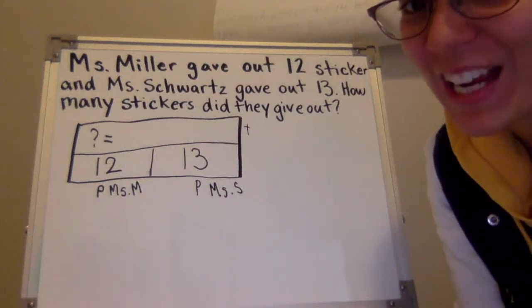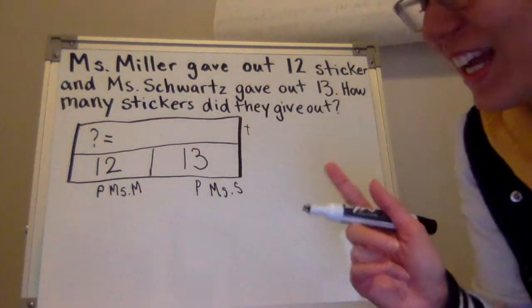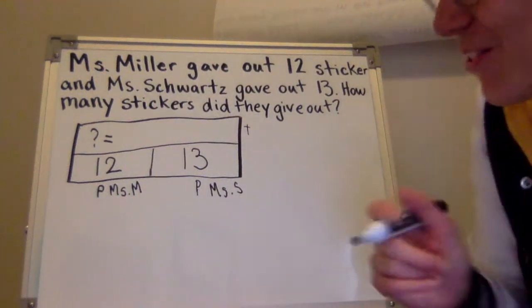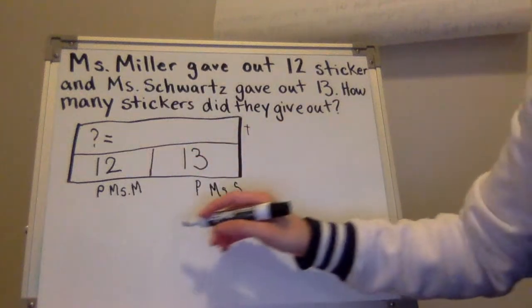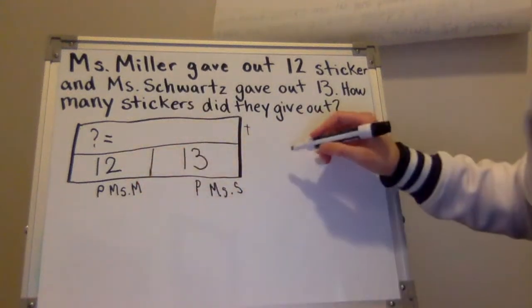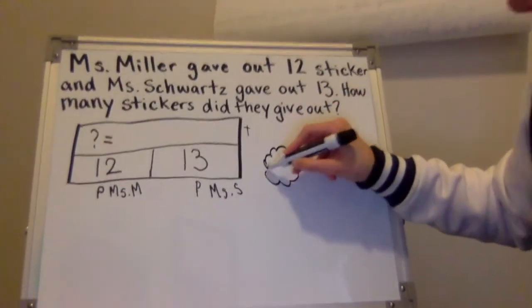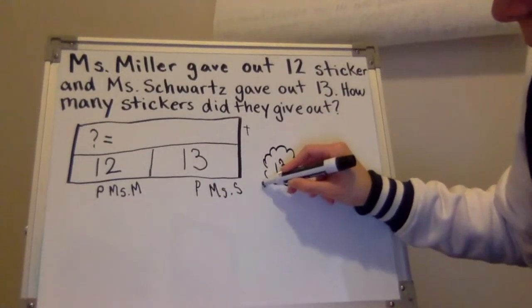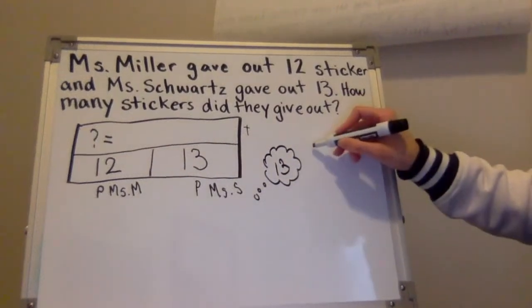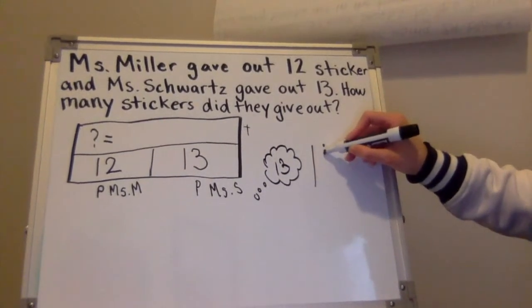Ooh, or I can even start from the bigger number and count on. Maybe I'll use that strategy. I'm going to start with 13. Well, I'm going to keep 13 in my brain. And then I'm going to draw 12. 10, 11, 12.